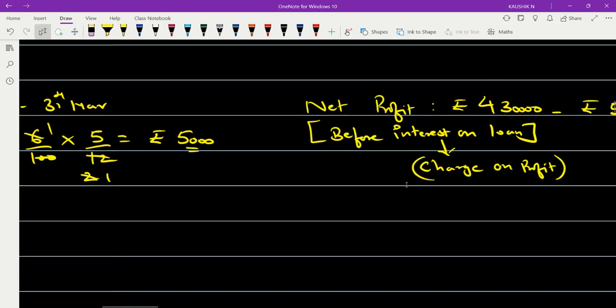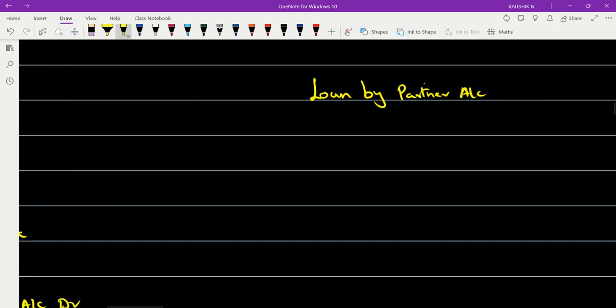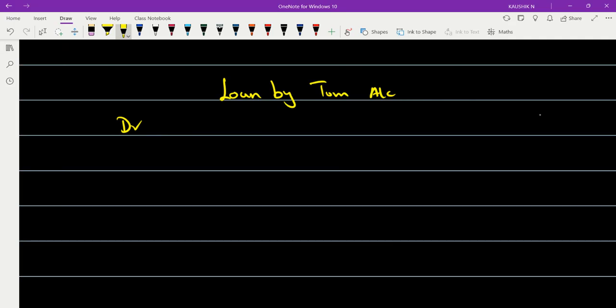So the partner will be replaced by loan by Tom account. Debit side, credit side, particulars.